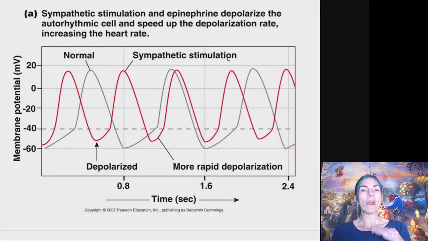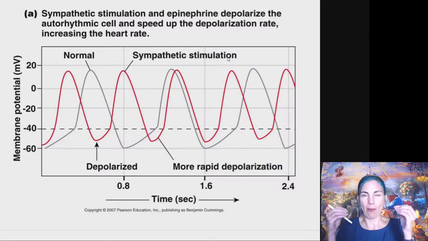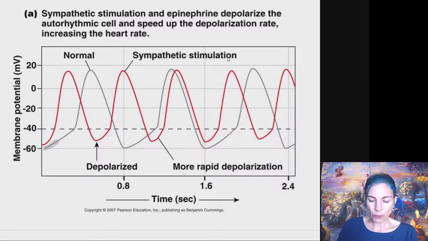So without any autonomic input, no sympathetic, no parasympathetic, the heart is just completely detached from the autonomic nervous system. The gray tracing is what you will see. This is the default setting for the sinoatrial node cells, those pacemaker cells.